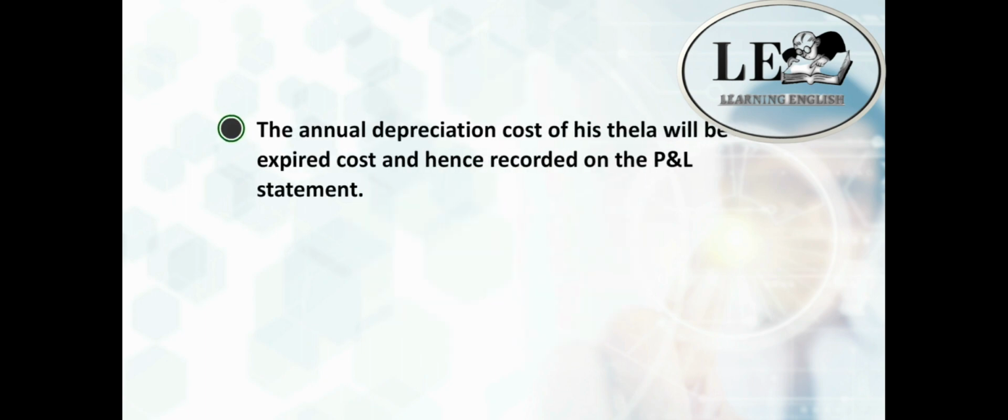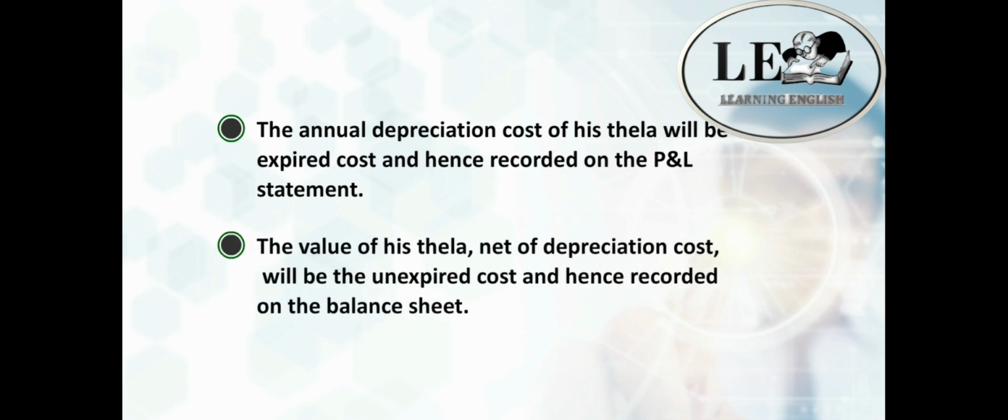on the balance sheet. The annual depreciation cost of his thela will be expired cost and hence recorded on the P&L statement. The value of his thela net of depreciation cost will be the unexpired cost and hence recorded on the balance sheet.